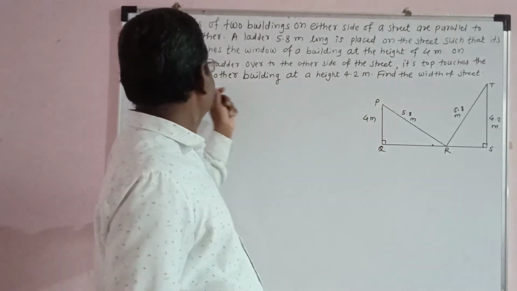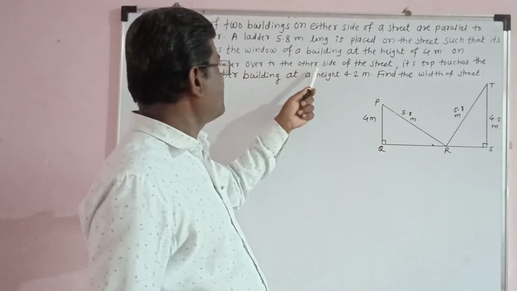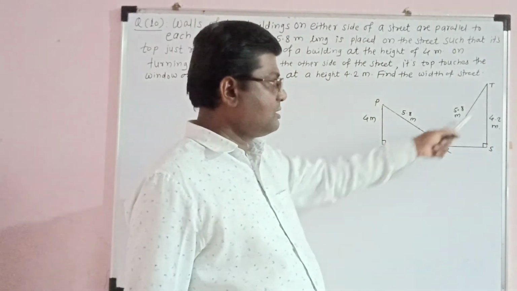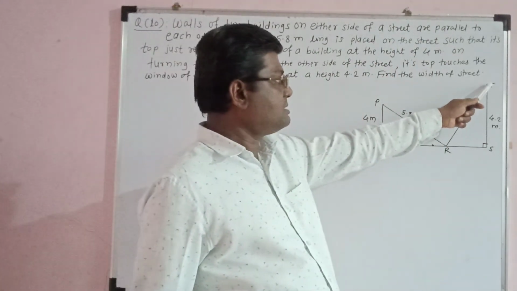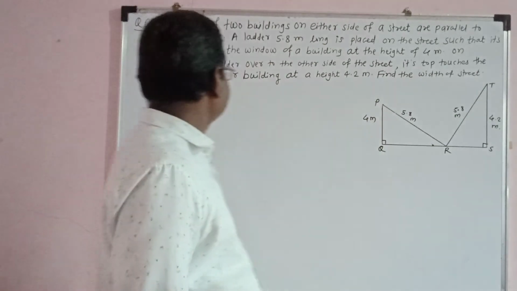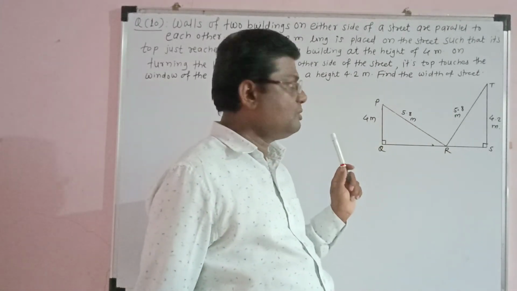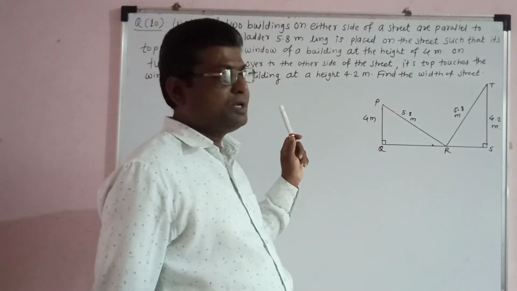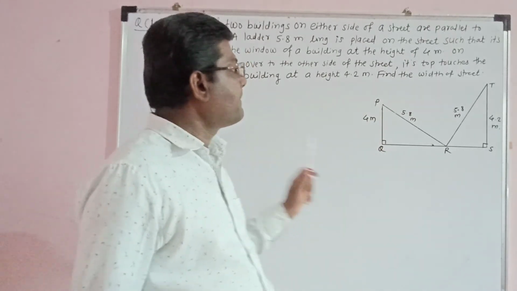and on turning the ladder over to the other side of the street, its top reaches the window T of the building at a height of 4.2 meter. That is, PQ is the height of the first building where P is its window.